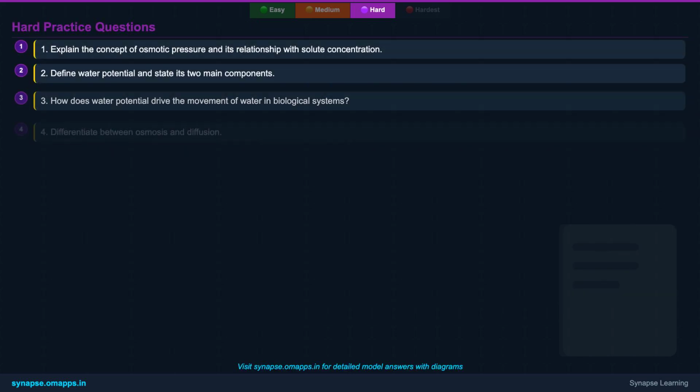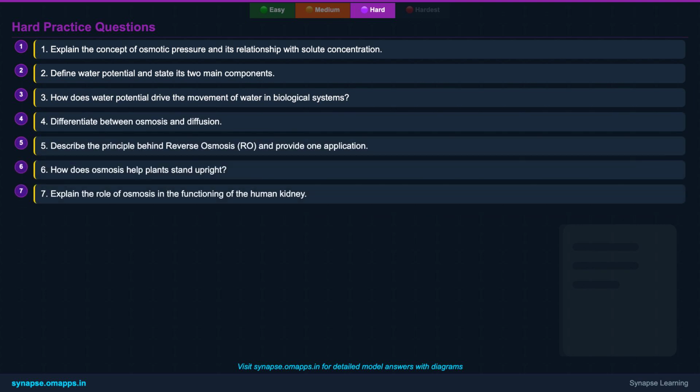Now, for some hard-level thinking questions. 1. Elaborate on osmotic pressure and its link to solute concentration. 2. Define water potential and identify its two main constituents. 3. How does water potential govern water movement in living systems? 4. Distinguish between osmosis and general diffusion. 5.